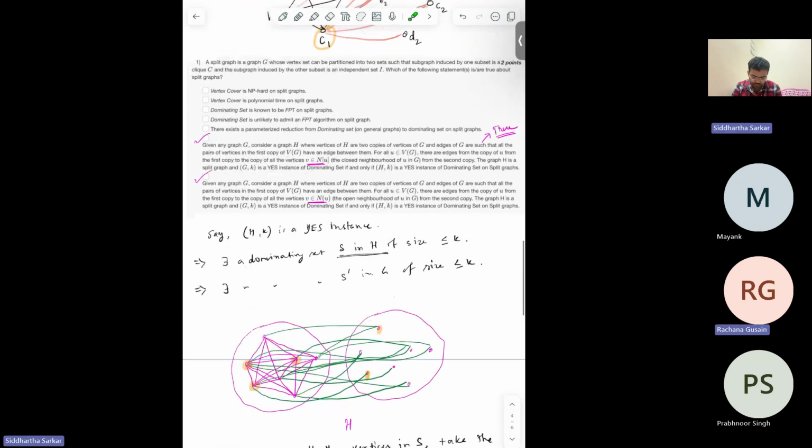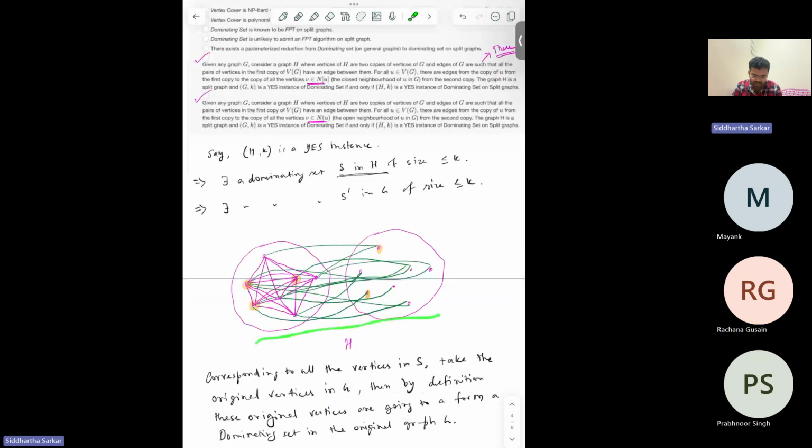Now in the other direction, if H has a dominating set of size k, then maybe these vertices are taken from both sides.